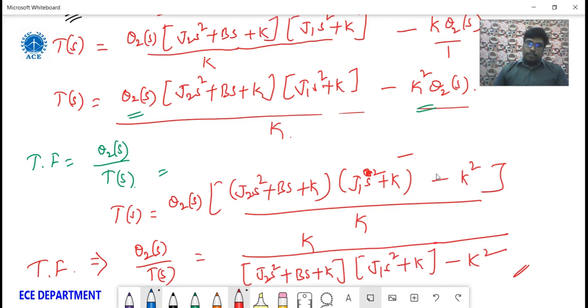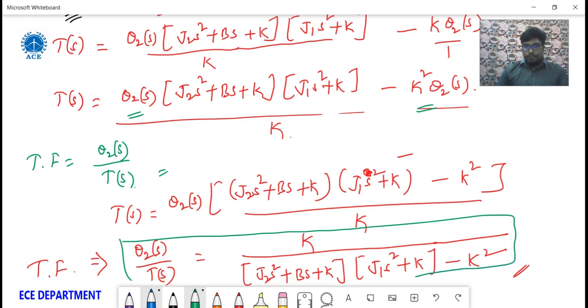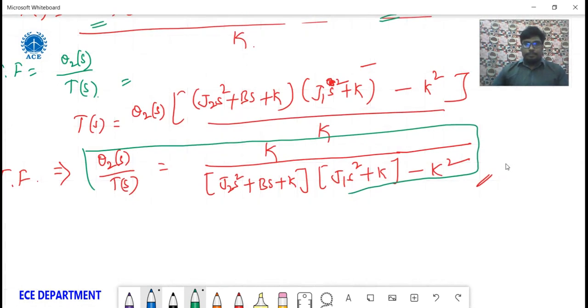This is our transfer function, the final transfer function for the given rotational mechanical system.